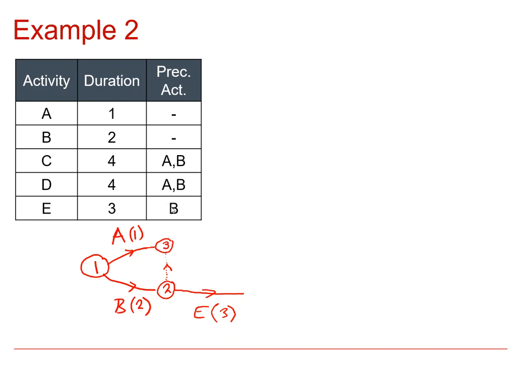Then activity C and D, they depend on A and B, so they can both come from here. There's C there, there's D. Now, there are no more activities to include here. We just need to think carefully now about how we can conclude this, how we can get our sync node in.